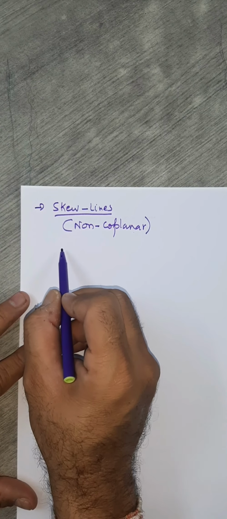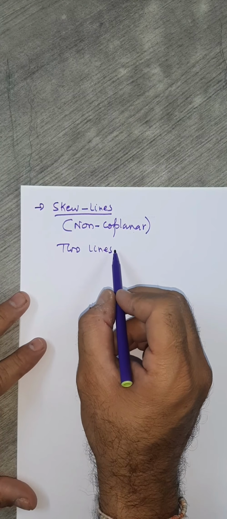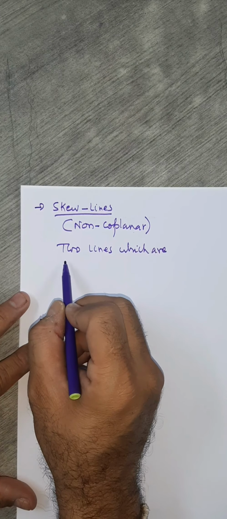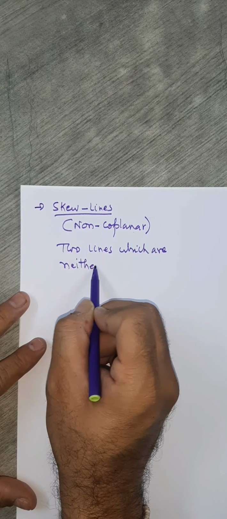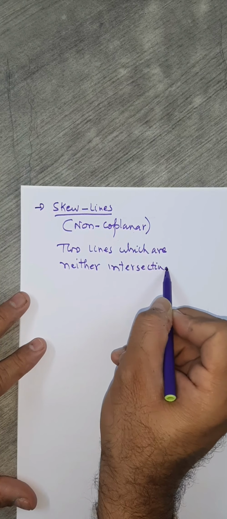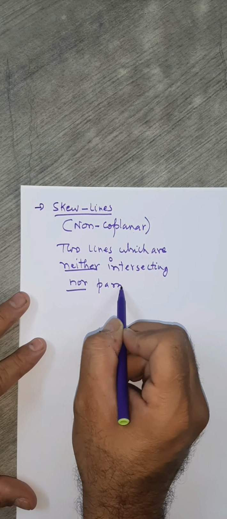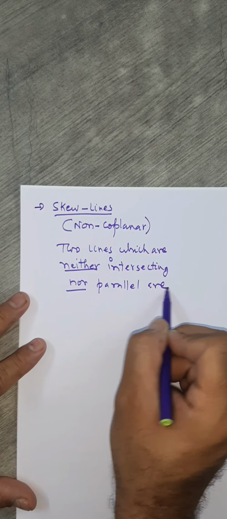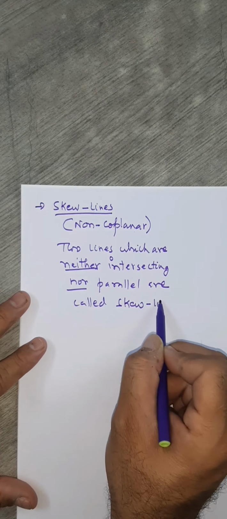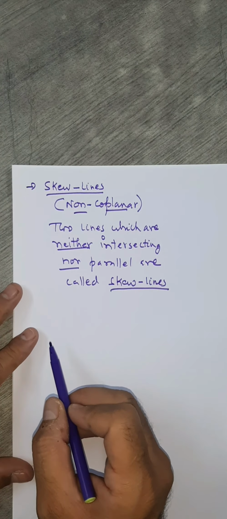So two lines which are neither intersecting nor parallel are called skew lines. Means they are in different planes. Remember, non-coplanar lines are in different planes.